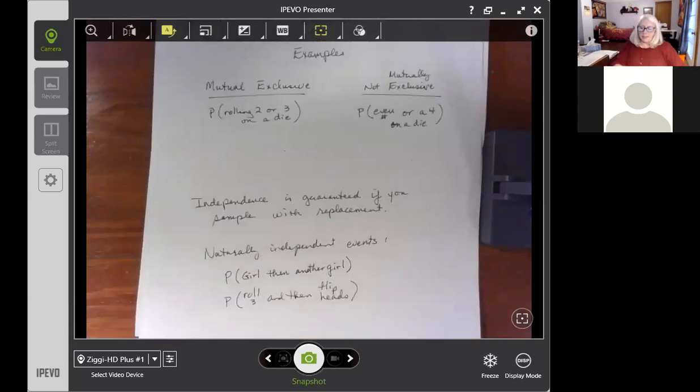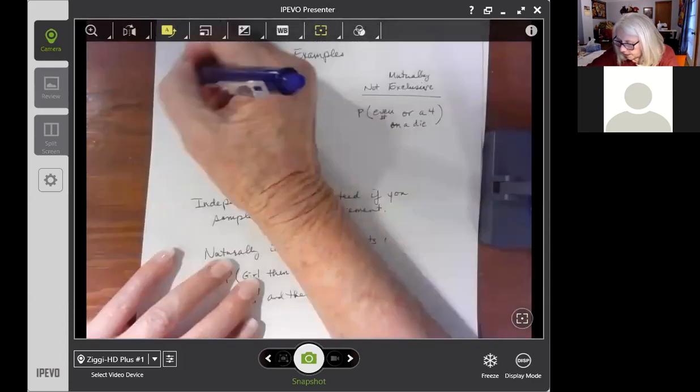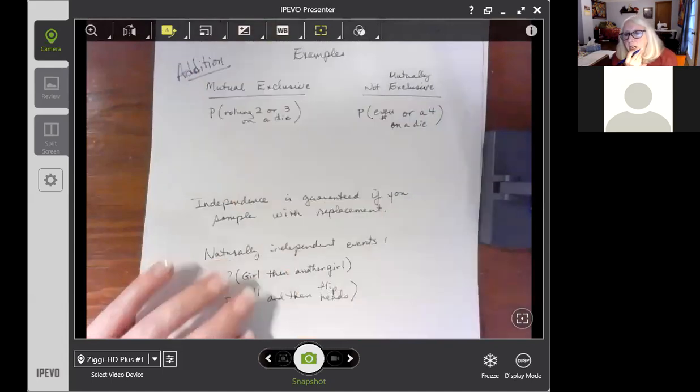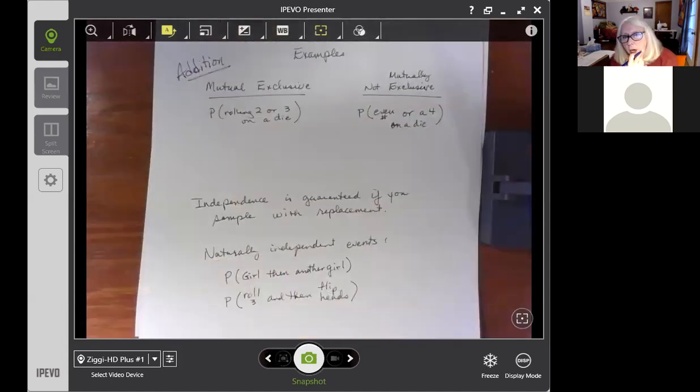So in the addition rule, the important idea is whether or not the events are mutually exclusive or not mutually exclusive. And all the phrase mutually exclusive means is, can they happen at the same time?